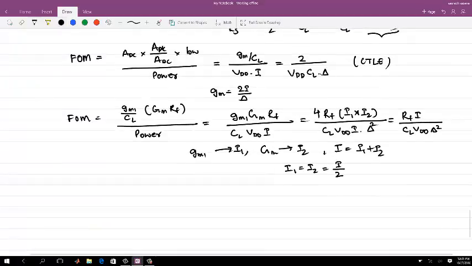So let's call this figure of merit 1, figure of merit 2. This is equal to 2 by CL VDD delta into I RF by 2 delta.